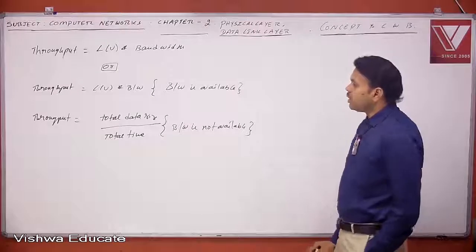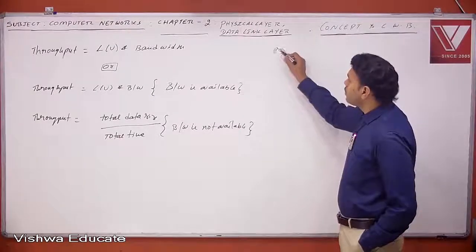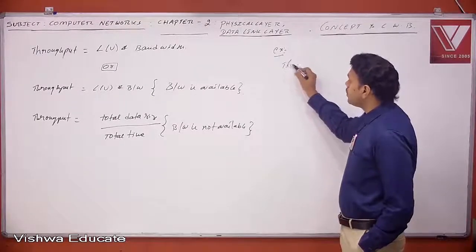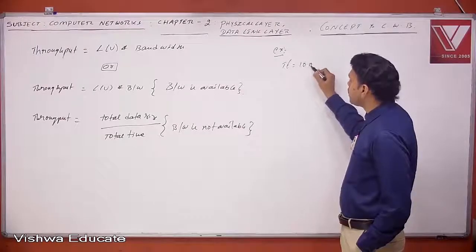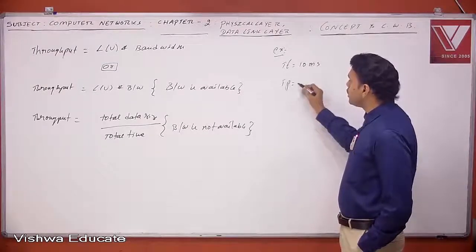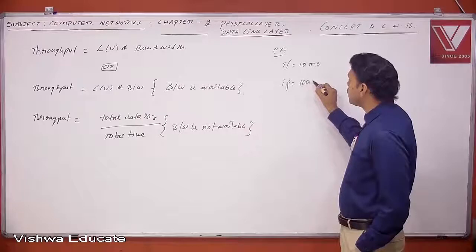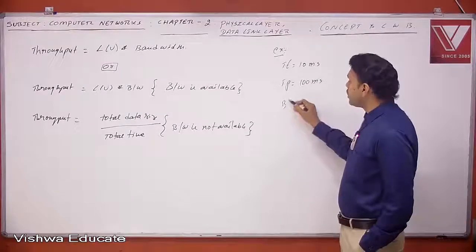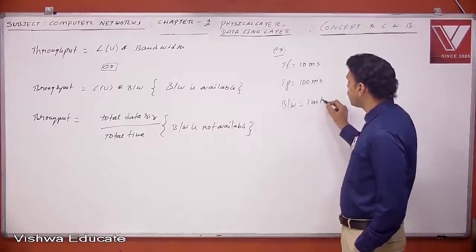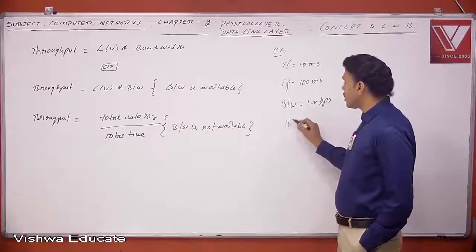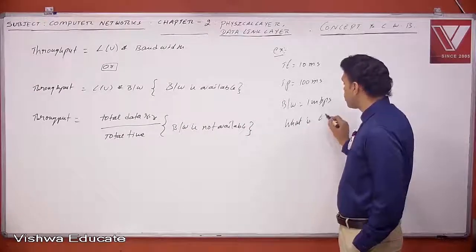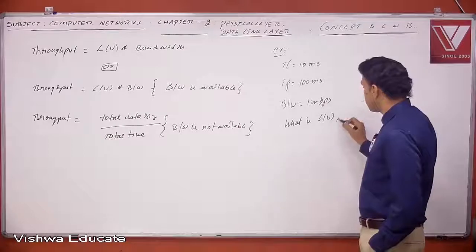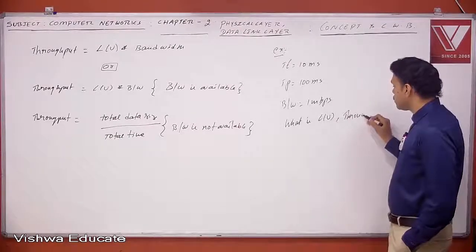Now, for example, Tt is equal to 10 ms and Tp is equal to 100 ms and bandwidth is equal to 1 Mbps. He is asking what is link efficiency and throughput.